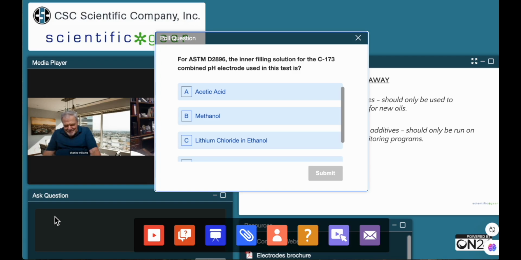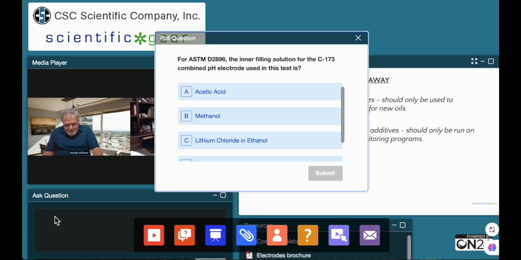First question. For ASTM 2896, the interfilling solution for the C173 combined pH electrode used in this test is acetic acid, methanol, lithium chloride in ethanol, or sodium perchlorate in acetic acid. We'll give you guys 15 more seconds to answer, and we're going to reveal the results here.